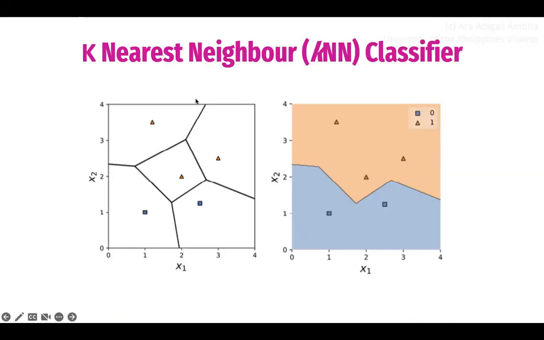So here's another example with two classes, 0 and 1. What would be the decision boundary? The partitioning of the regions on a plane in 2D is also called the Voronoi diagram or the Voronoi tessellation.